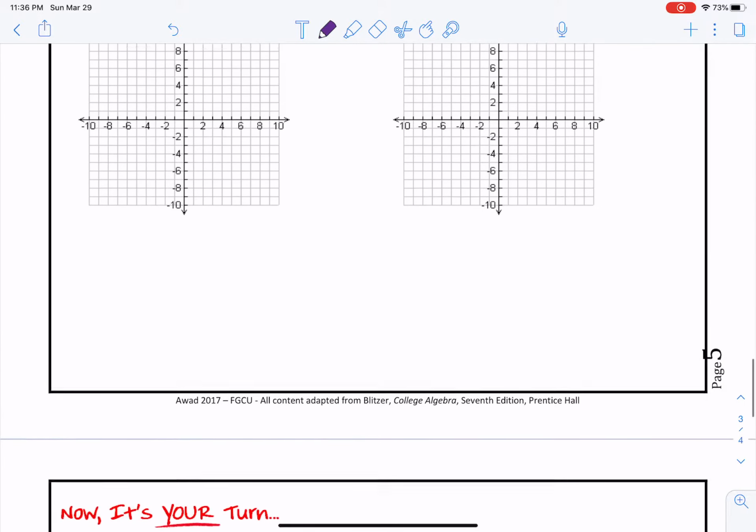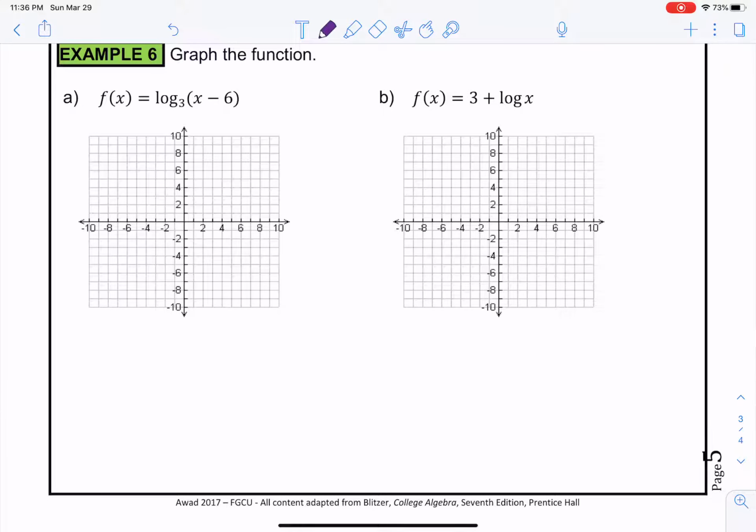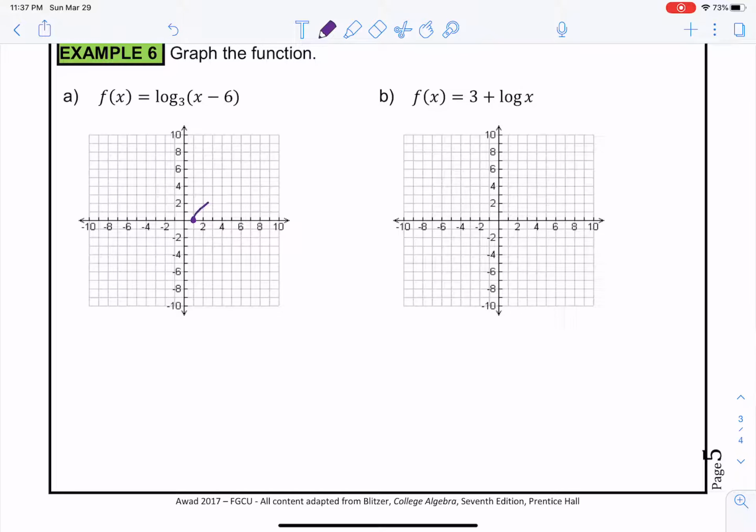So we want to graph the function log base 3 of x minus 6. We know what log base 3 of x would look like. It's quite arbitrary.